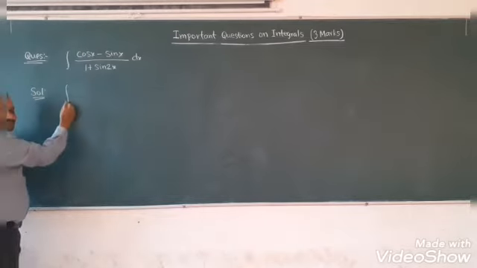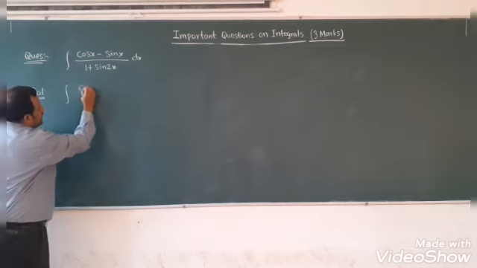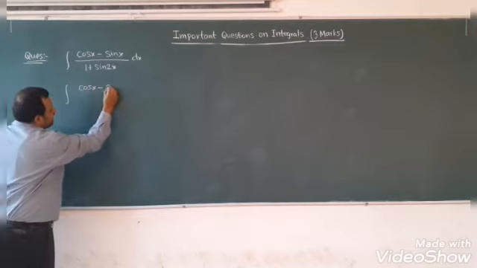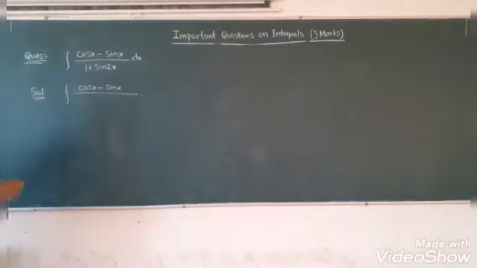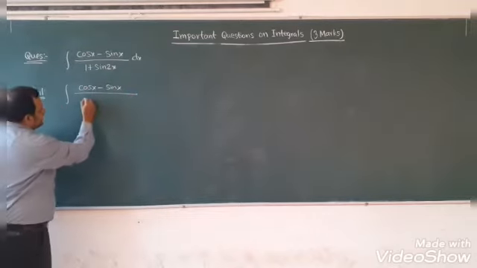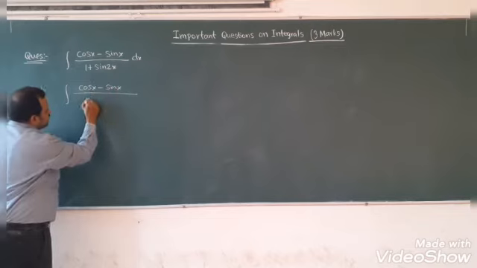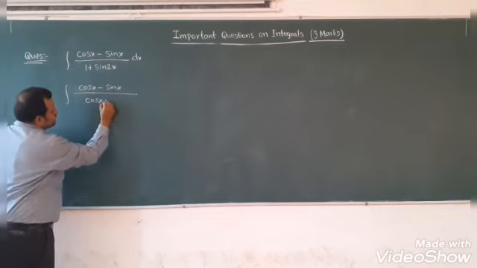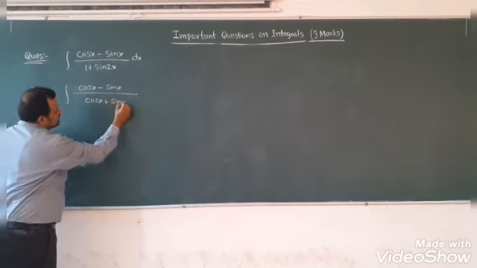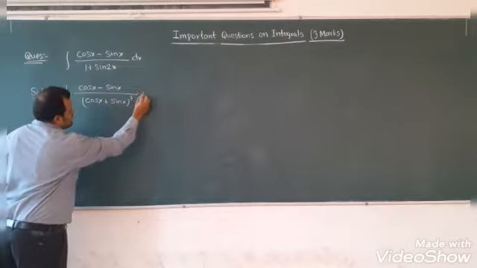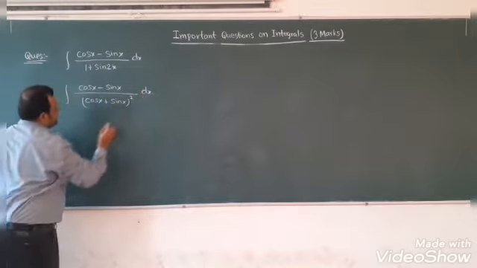Now see, this we can write as what actually? Cos x minus sin x divided by 1 plus sin 2x. 1 plus sin 2x can be written as (cos x plus sin x) whole square dx.